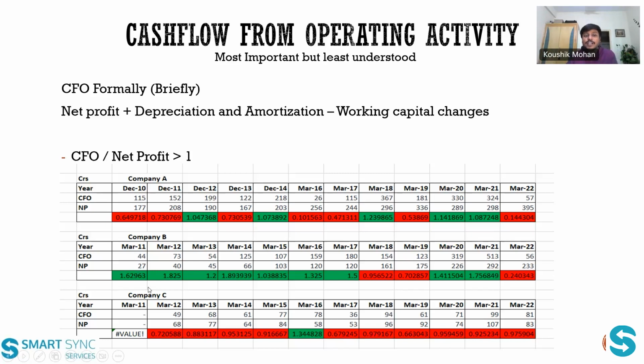Majority of the time, green is coming for company B. In 2022, if you had invested your money in 2021 and 2022, this company's stock price performance is down. But from March 2011 till date, their performance is really great. They have become multibaggers for a lot of investors.